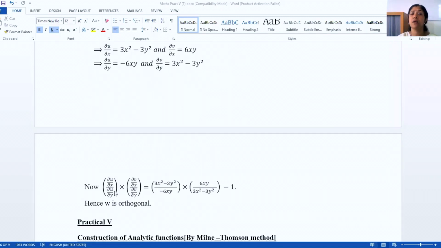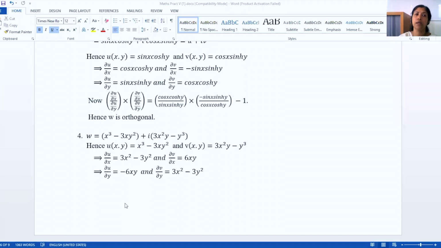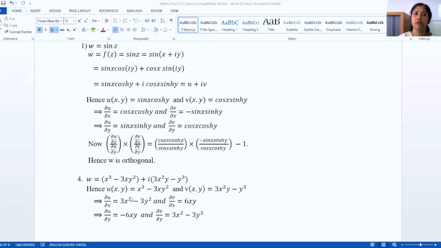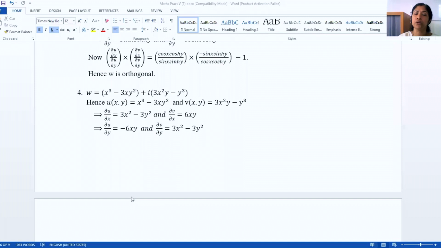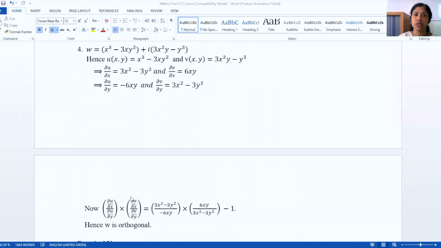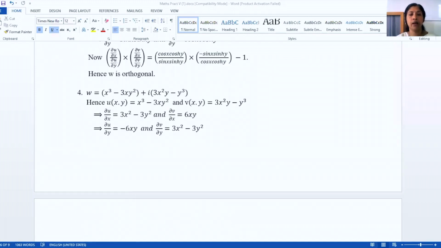We apply the same procedure, and we can see that the terms get cancelled. We get -1, and again it's orthogonal. So here again the two curves of f(z) are orthogonal to each other. So the analytic functions are orthogonal. Now we'll have a look at the program. All this we have done before.